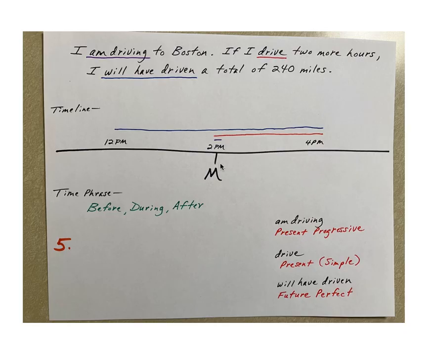So you see here that your time phrase, your helpful little phrasal hint, is before, during, and after the moment of speech. You have some before stuff here, your during right here, and then your after right here. So your time phrase is before, during, and after the moment of speech.